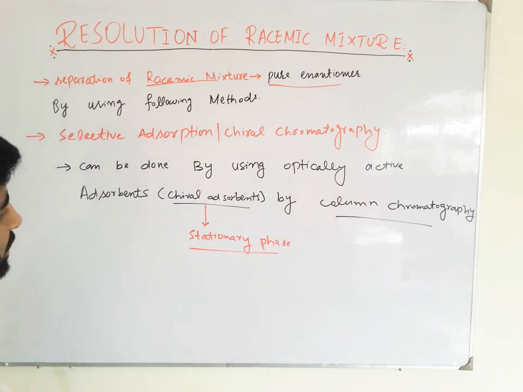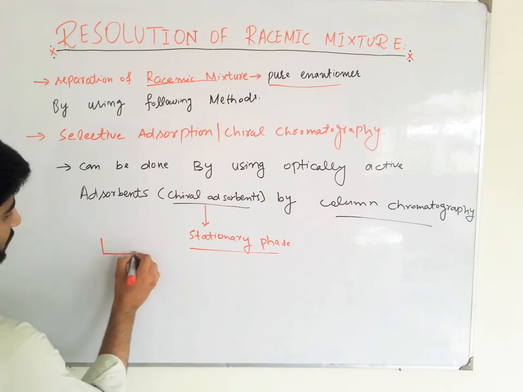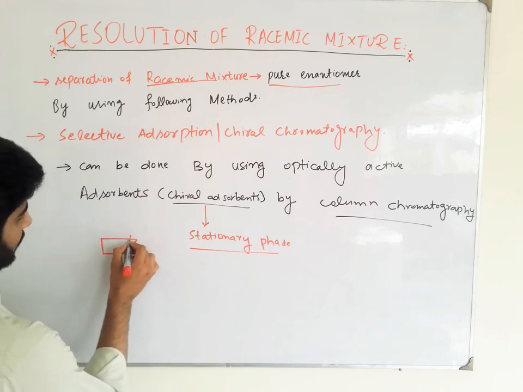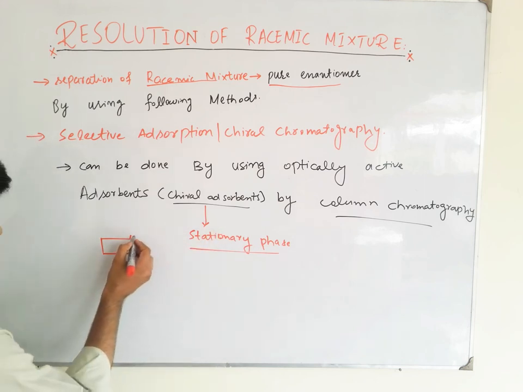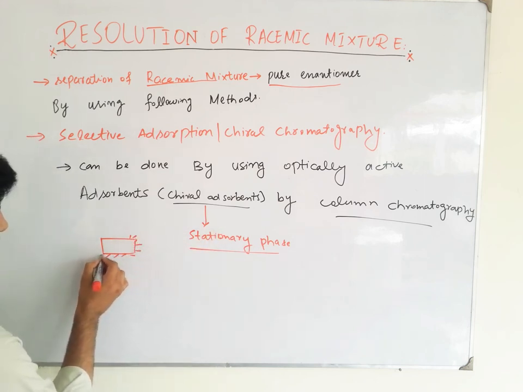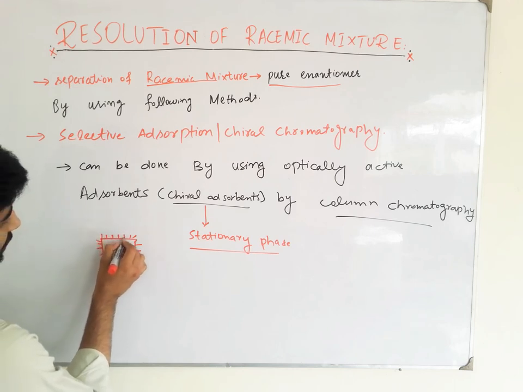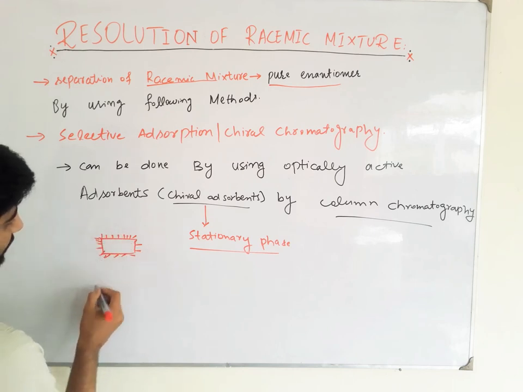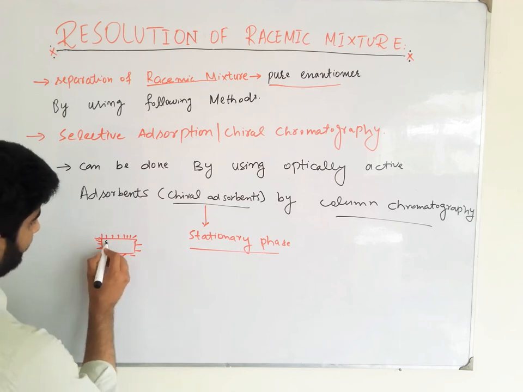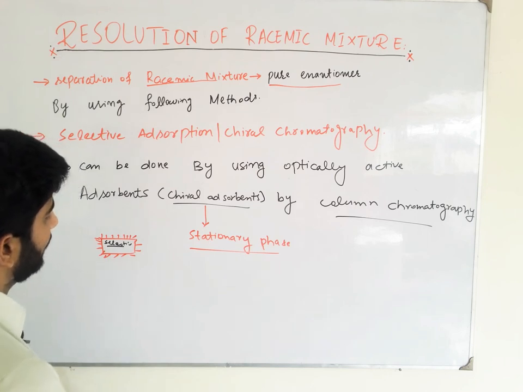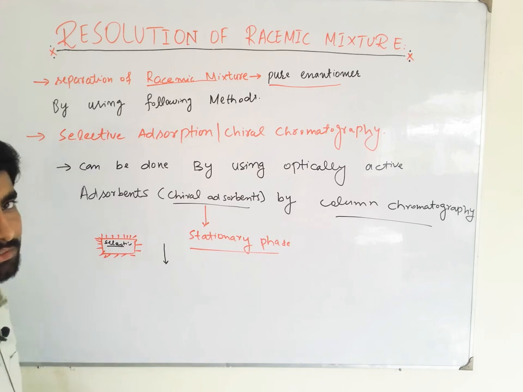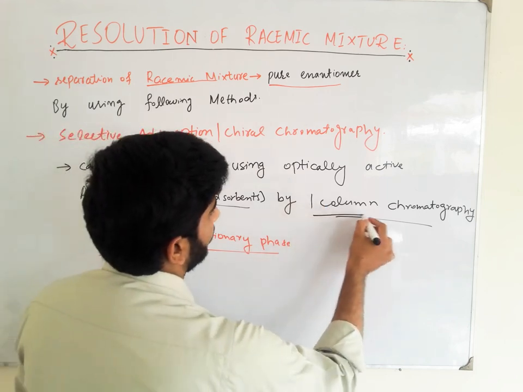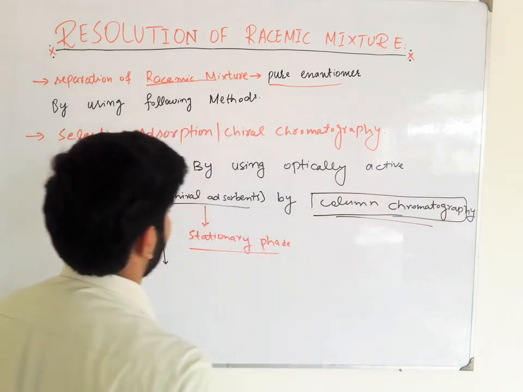Suppose this is our chiral adsorbent, then our selective enantiomer is adsorbed on the surface of this chiral adsorbent, while the other isomer moves down in the column and is separated by the column chromatographic technique.